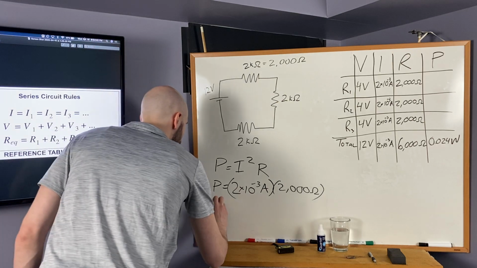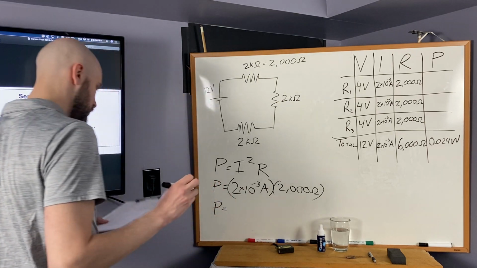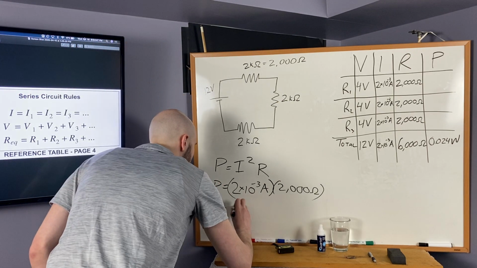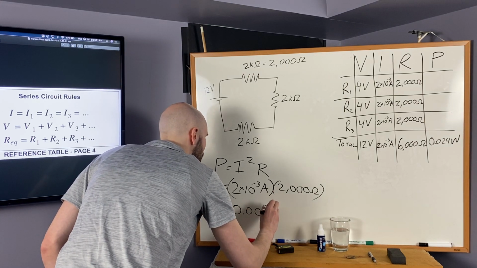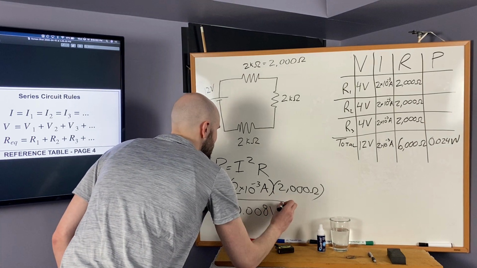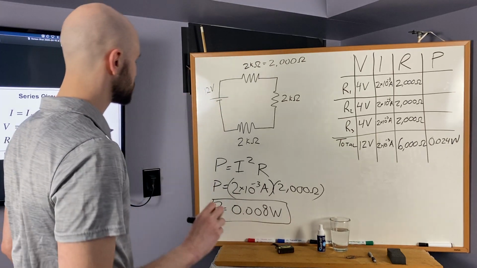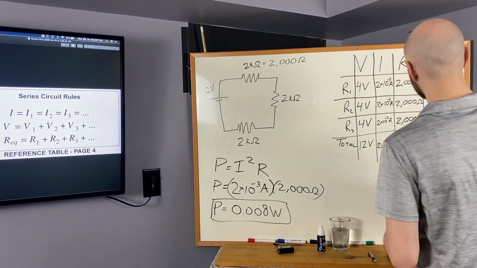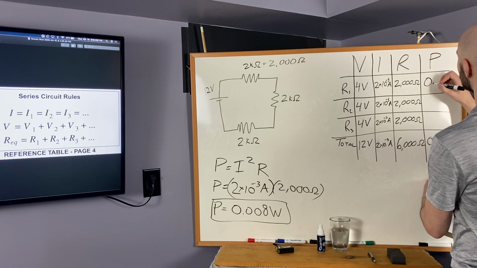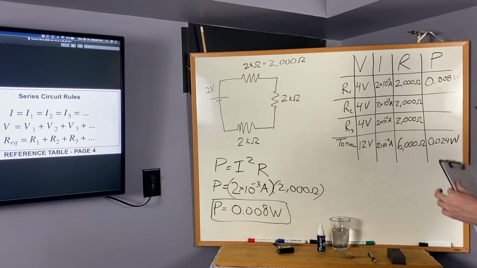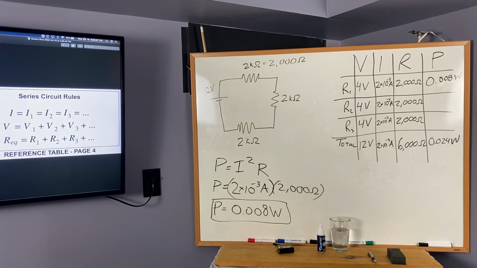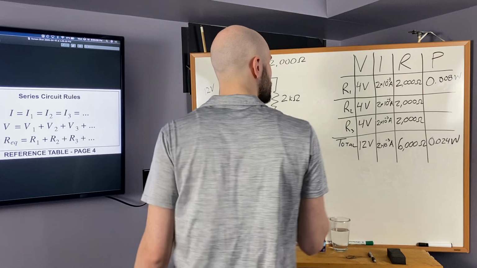Multiply it through, you will get a power dissipated by resistor 1 of 0.008 watts. That is 8 milliwatts. Here we go. Then you go to your table, fill it in.